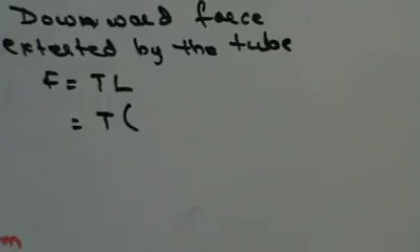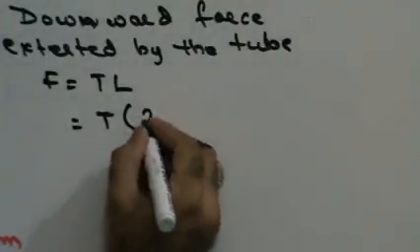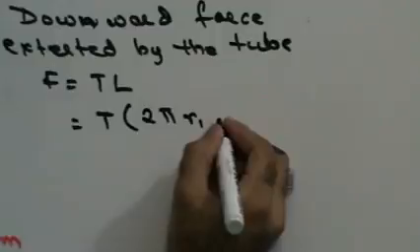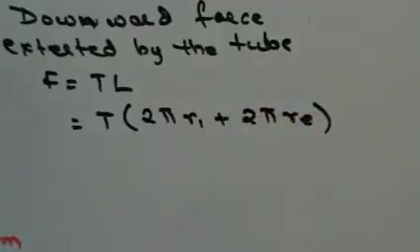Since the tube has an internal and an external diameter, the internal circumference and the external circumference are both in contact with the water. So in that case, you will have 2 pi Ri plus 2 pi Re as the length in contact with the water. So that will be my force.